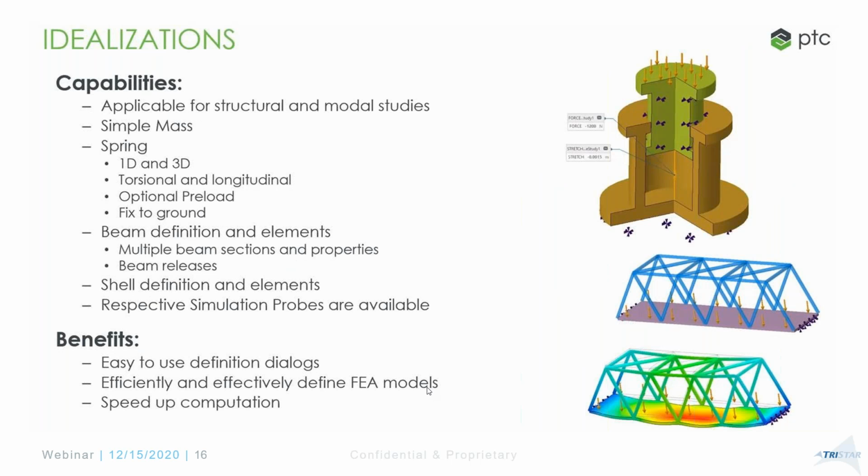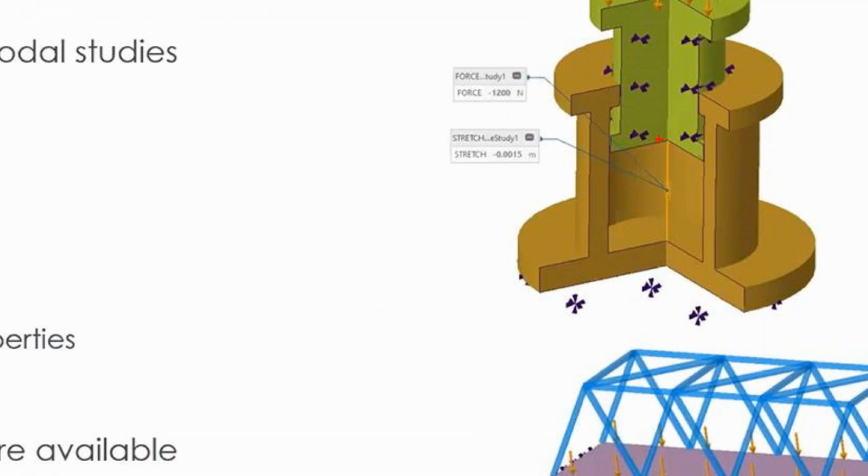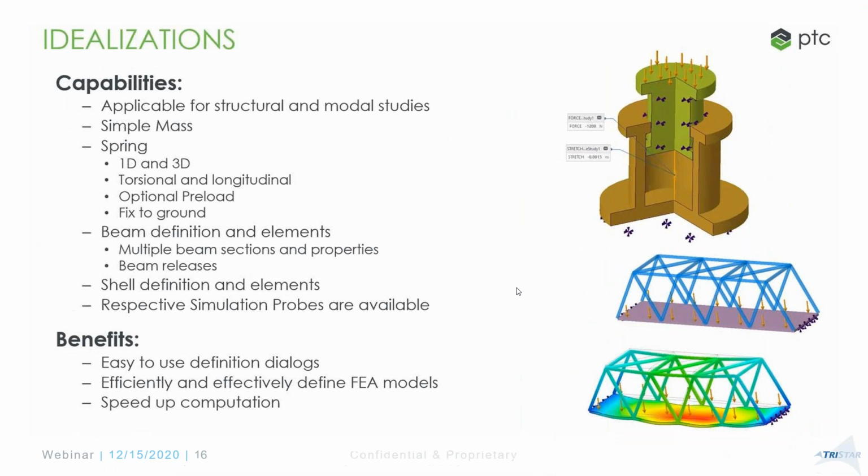Like I said, idealizations, like you could use spring idealizations, beam idealizations, as you can see here, right? I've just created some beam elements here. Here I have a spring idealization, wherein I could specify the stiffness. It could be a 1D or a 3D spring. You can give torsional and longitudinal.